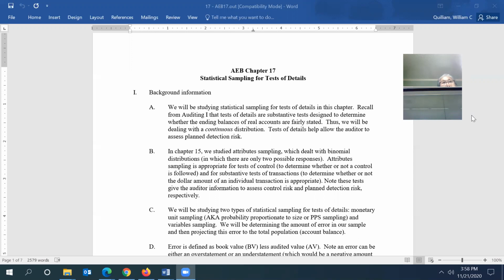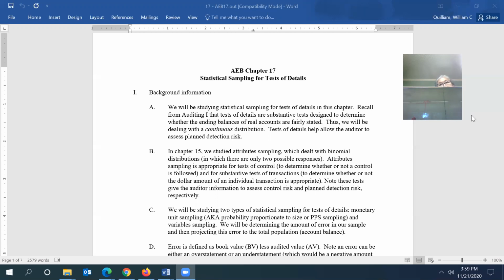And as we think about accounts receivable in the general ledger, we have one big accounts receivable control account, and it's made up of a bunch of individual customer accounts receivable.